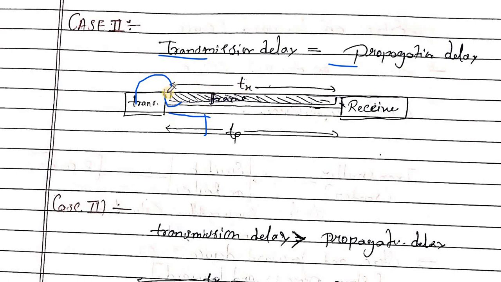At time T of X we put the last bit into the channel. By then the first bit has traveled a distance equal to the transmitter-to-receiver distance, so the time at which the transmitter puts the last bit into the channel is the same as the transmission delay.